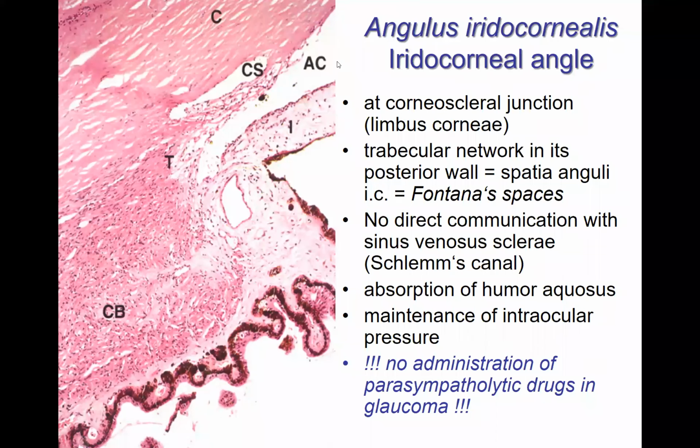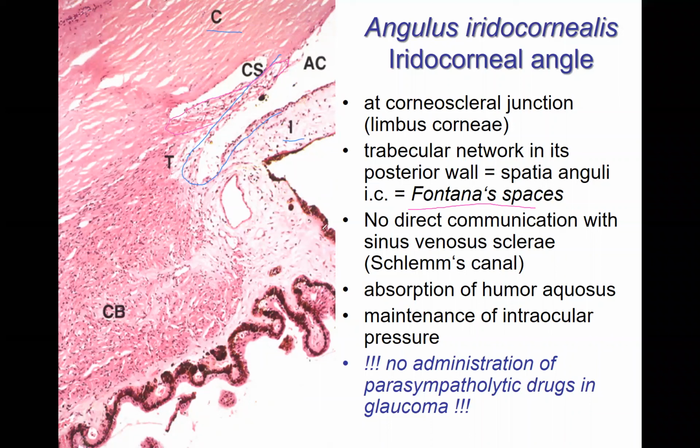So the iridocorneal angle is also visible here. And what is it? So iridocorneal angle is between iris and cornea. And that's the place where we find the trabecular network. That means the reticulum trabeculare, or pectinate ligament, or Fontana spaces.